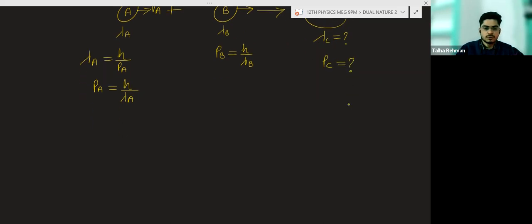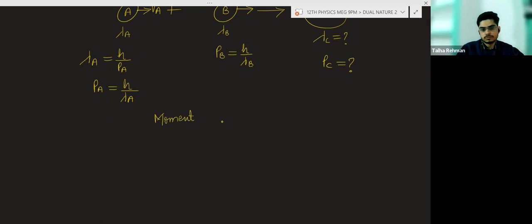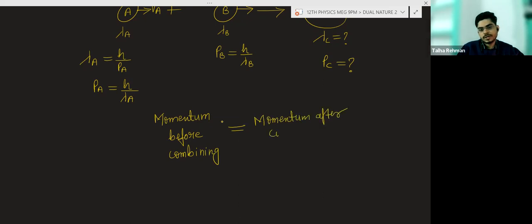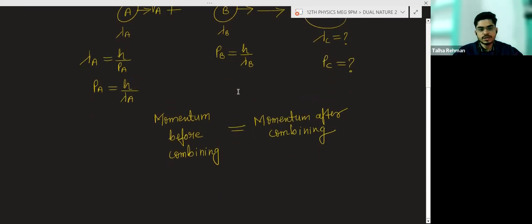Momentum before combining is equal to the momentum of the system after combining. So what is the initial momentum?